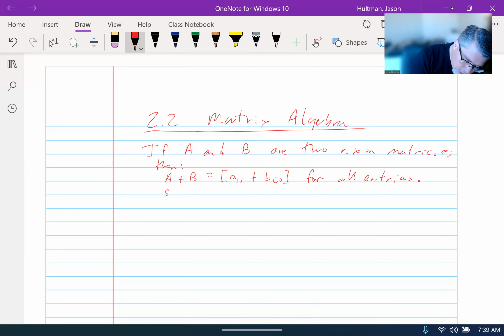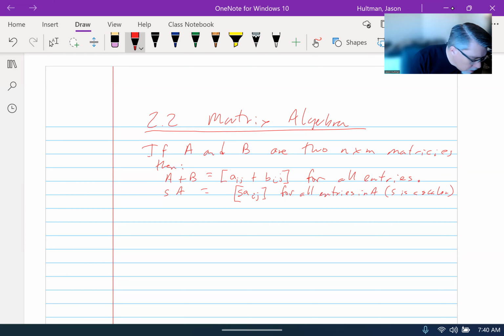Okay, if I multiply a scalar times A, that's going to be s a_ij. So I'm just going to multiply that scalar times every element of the matrix, for all entries in A, where s is a scalar.